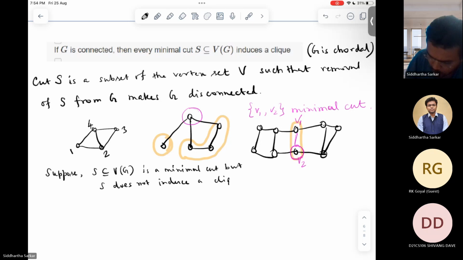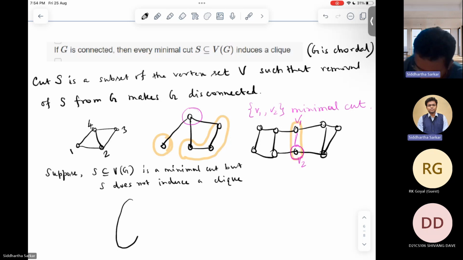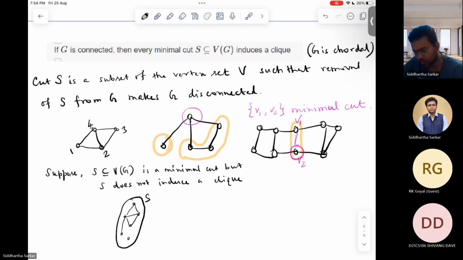Okay, so what does S look like? S is a separator. It is a cut. So let us say this is S, and it is some vertices, and it's not a clique. Some edges are there, but not all the edges between every pair of vertices are there.